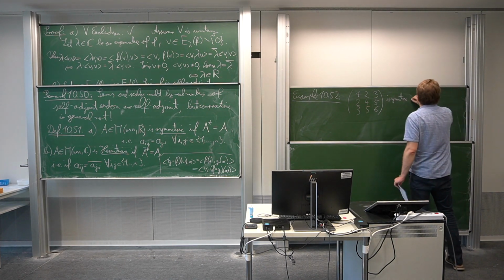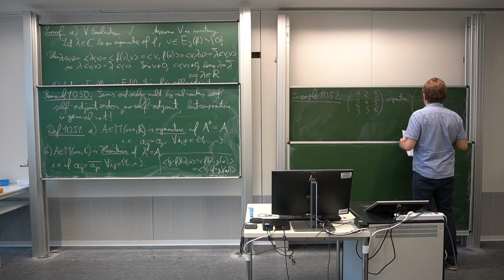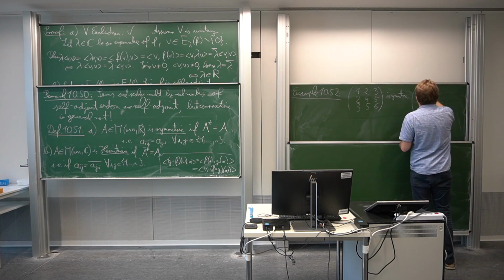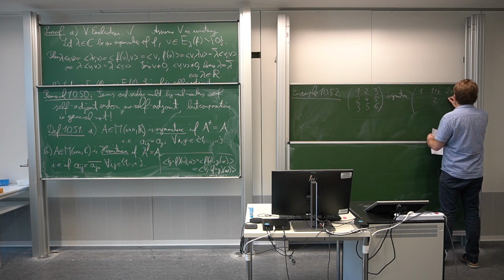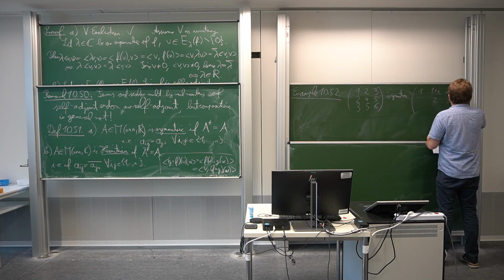Okay, and now let us do a Hermitian example in a similar way. Assume we have 1, and then 1 plus i, and 2 plus i. Here we have a 2, for example, and here we have 3 minus 2i, and let's put a 5 here.